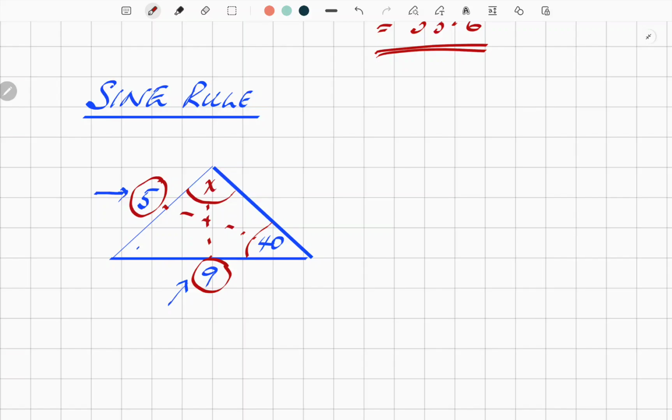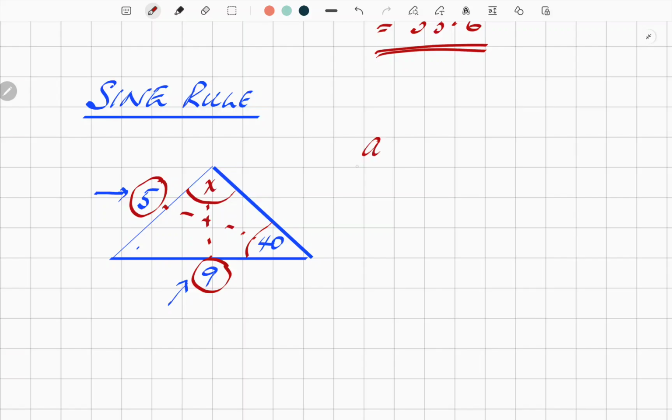So we can actually use a rule given to us, and it doesn't matter which way up, I'll show you. There's a rule that says the ratio of each side to the sine of the opposite angle.